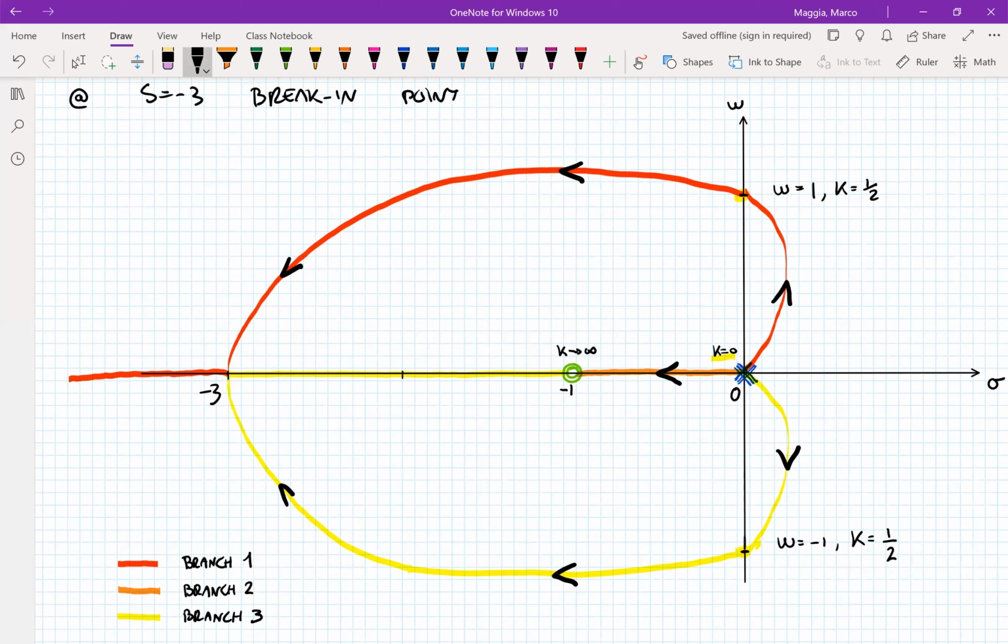Now, once we hit minus 3, one branch will go to the right, eventually going to the open loop zero at minus 1. And the other branch will just follow the negative real axis, which coincides with the asymptote, all the way to minus infinity, looking for the open loop zero that is in here.